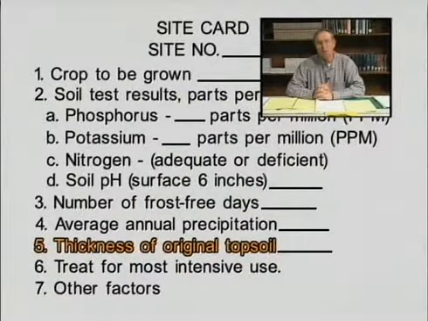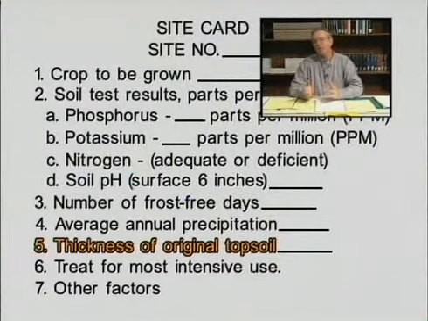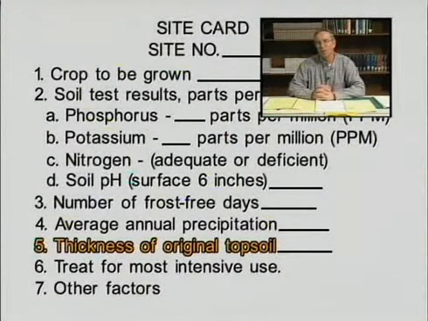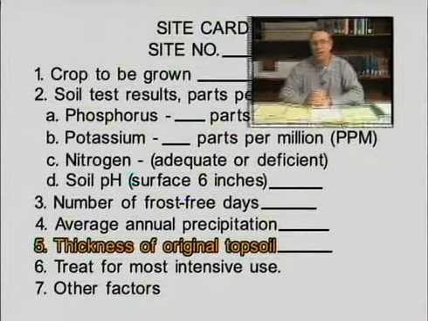The thickness of the original topsoil. We have no way of knowing what the original topsoil depth was at that site. It will be given to us on the site card, and the usefulness that we'll make of this is determining the amount of erosion that has occurred. That is to say that we will need to be able to measure the existing topsoil depth at that location and compare it to what the original thickness of that topsoil was.